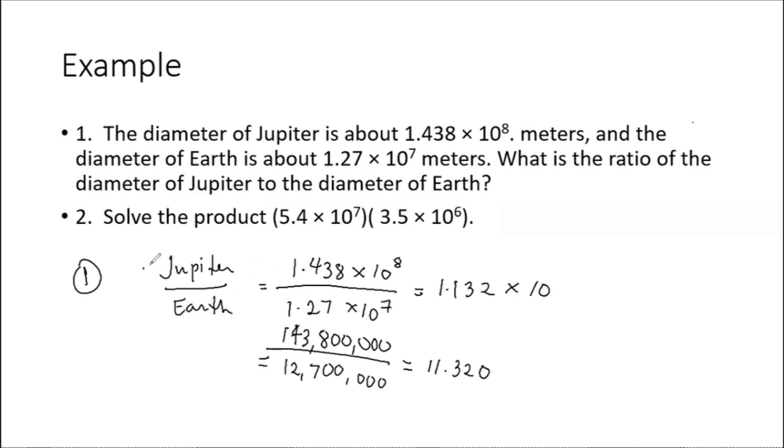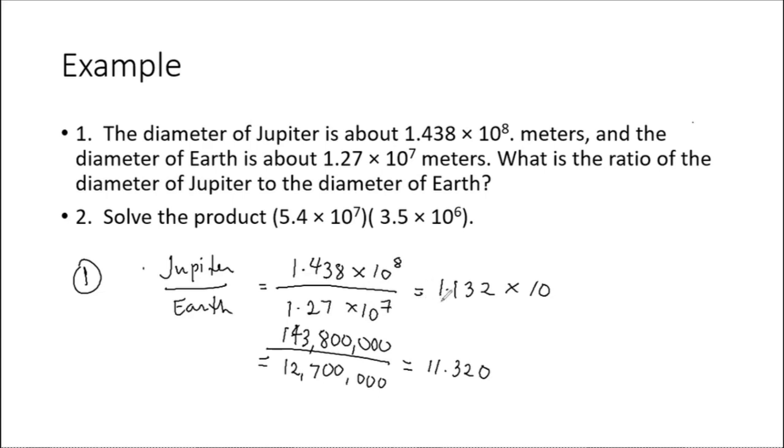So, ito ngayon ang ating part of the solution. So, we're going to find the ratio of the diameter of Jupiter and diameter of Earth, where in fact it will be the same as 1.438 times 10 to the 8 divided by 1.27 times 10 to the 7 in scientific form.